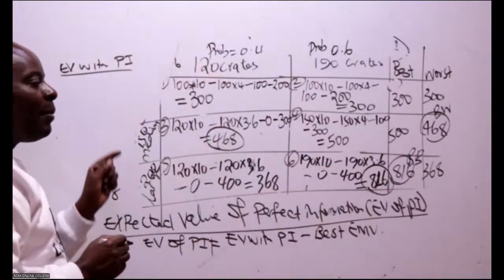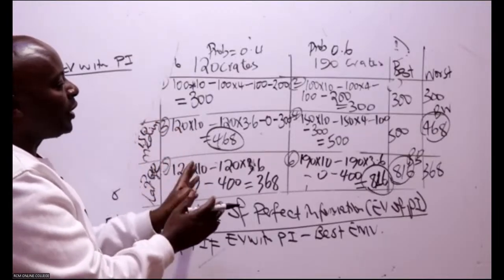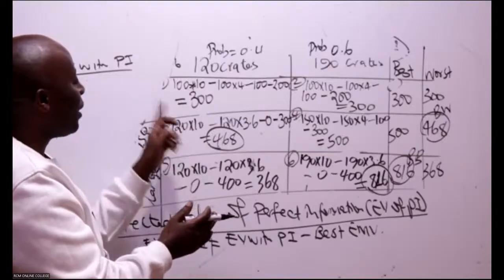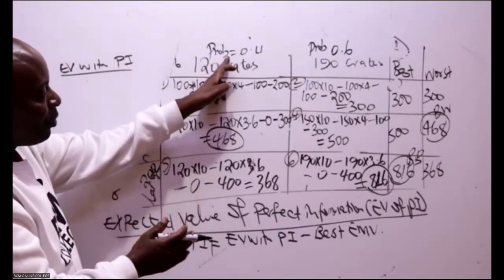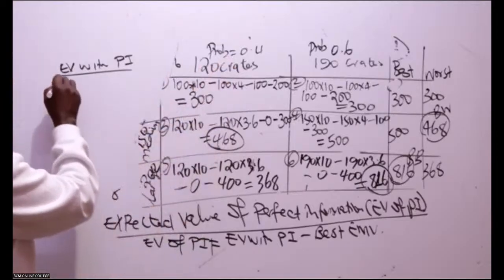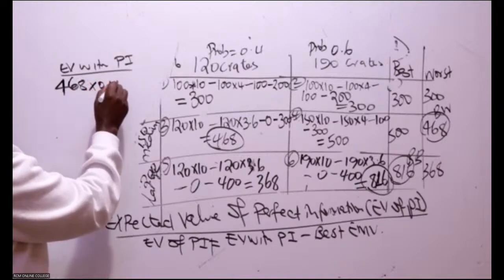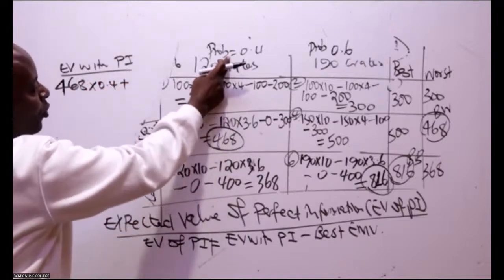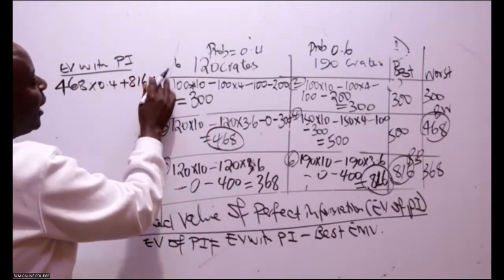Once you've selected and circled the very best, please average them. Because of the word expected, averaging means you take the figure in each column times the probability. So expected value with PI will be 468 times 0.4 plus 816 times 0.6.